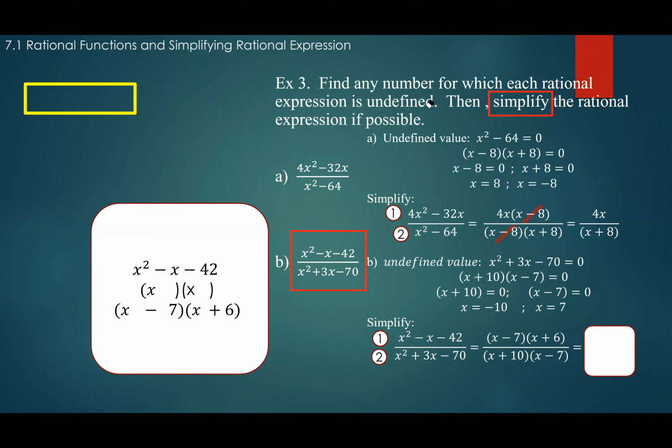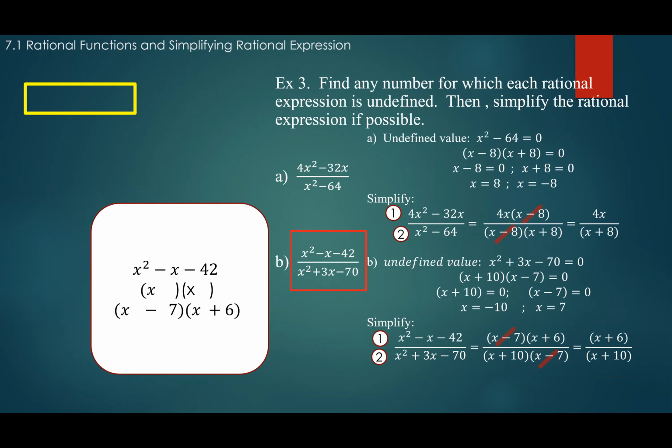We factor them out, and in chapter 7, they tell us that because we have x minus 7 on the numerator and x minus 7 on the denominator, those two items can cancel out. And if you cancel those out, what is left over? The leftover is x plus 6 and x over x plus 10.